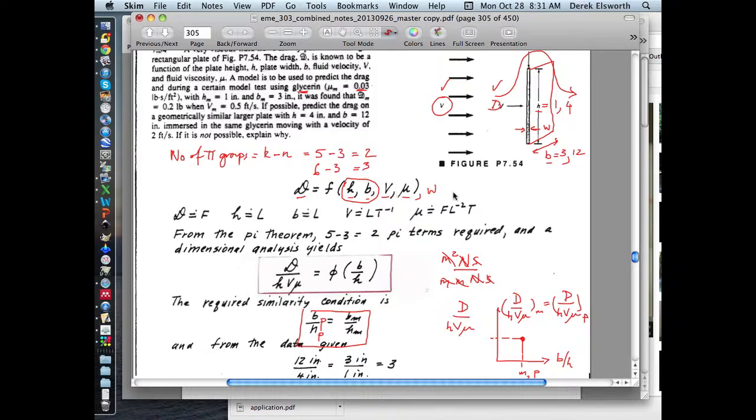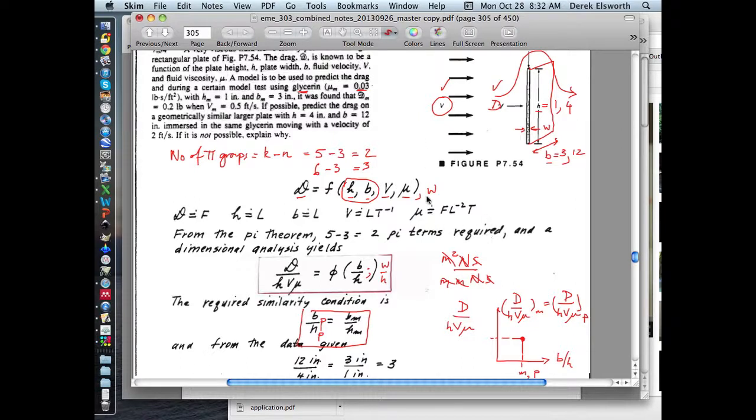The other group that we'd have would be something like width over height. I choose height because height's represented in this. And so in that case, we have 3 groups, this important one, this geometric one, and this geometric one. So this just means if we had a very thin plate versus a plate that was perhaps as large as h, in other words, it looked like a cube, then we'd expect to have different behaviors.